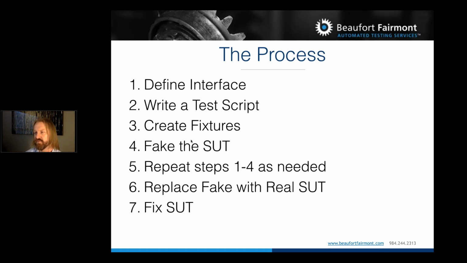Repeat steps 1 through 4 as needed until we get to a point where we're comfortable with the level of risk that's accepted, where we feel like we've tested as much as we need to test, or we've created acceptance tests, or whatever it is you need to do in your environment. Then we're going to replace the fake with the real SUT. And at that point, we're going to see, does the developer's code actually work? And then we'll fix whatever issues come up from that. Many times they do, because testers are so good at writing test cases.